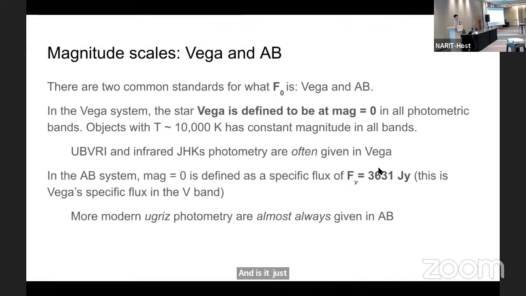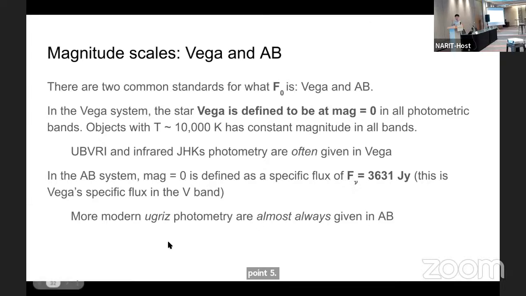So the magnitude in V band for AB and Vega are the same, and then they start to get further and further from each other, especially in the infrared. There's also a third system called ST magnitude. I have never seen it in a while. But in ST magnitude, instead of F nu, you use F lambda as the zero point flux.